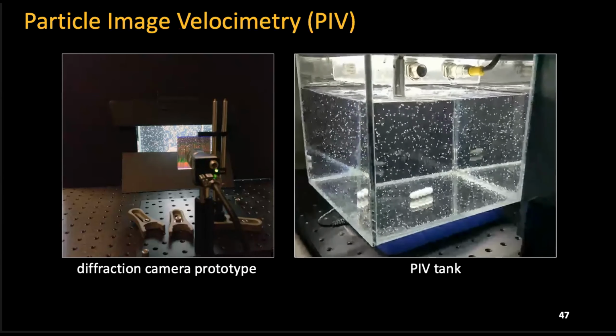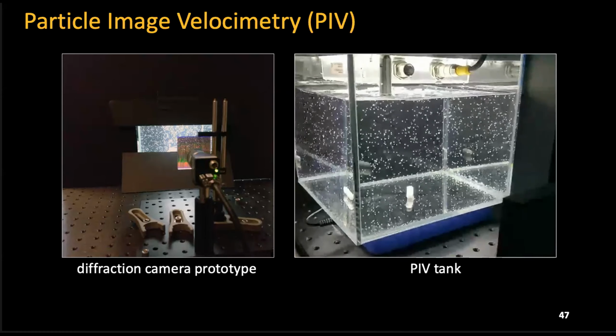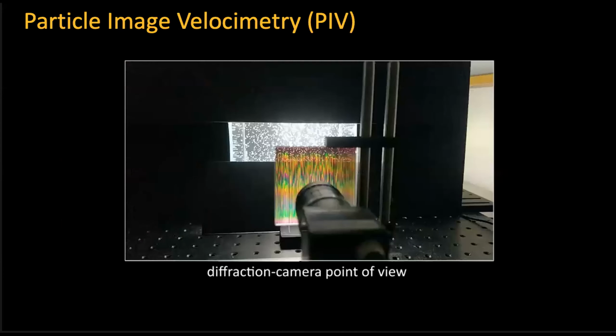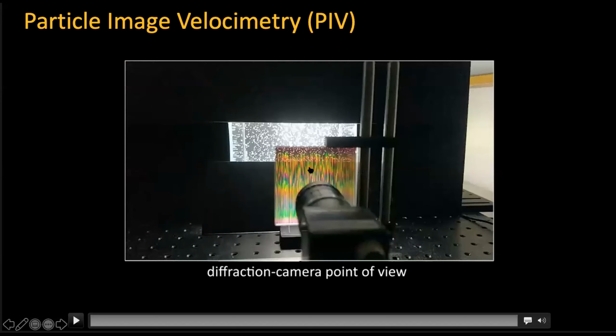You can also do particle image velocimetry at very high speeds. This is 3000 RPMs. You stir the liquid and the particles flow with the liquid. In the imaging system, you can see the diffraction grating here, and you have the fluid here.